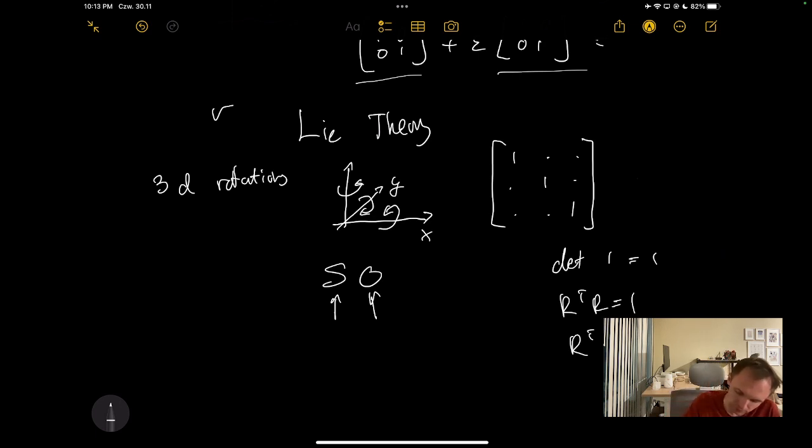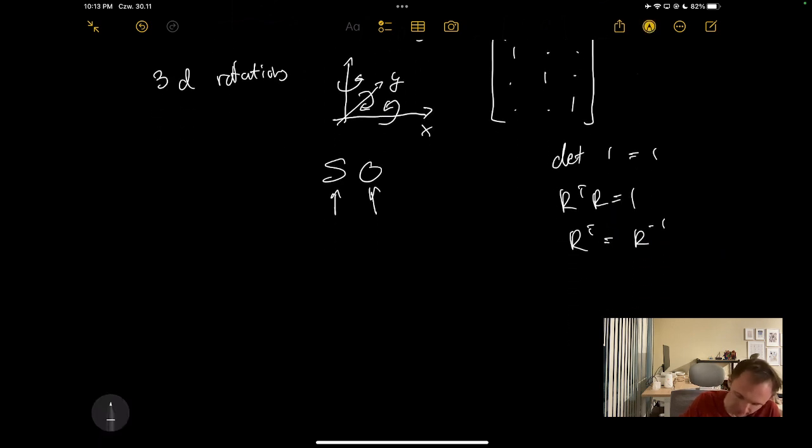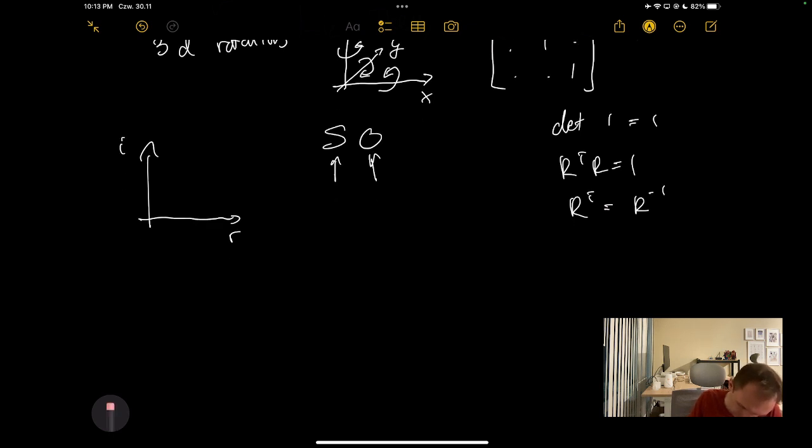One thing I should mention real quick is that maybe some of you are familiar with imaginary numbers. Here can be the real part, here's the imaginary part, and then you could have cosine plus i.